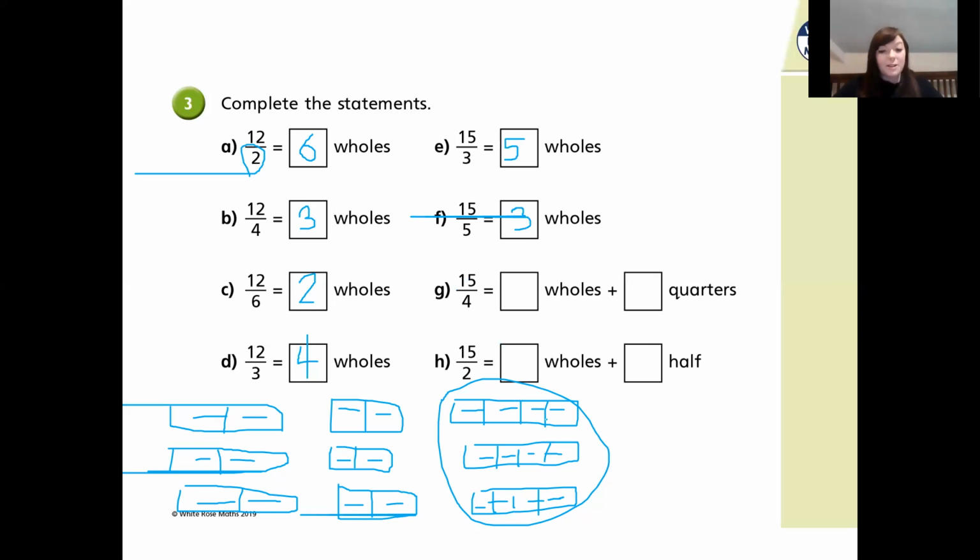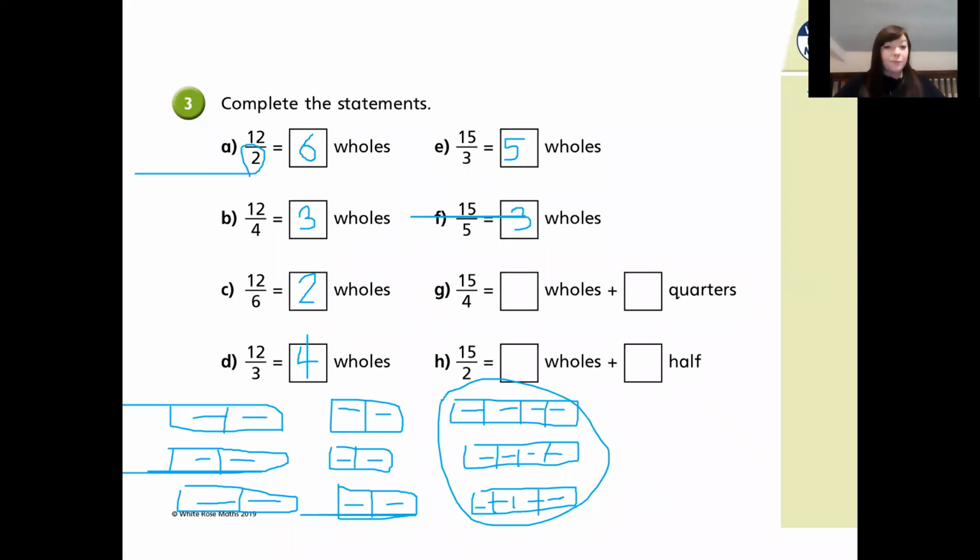Now for G and H, you can draw them out, or you can try and find the nearest number when you get to 15 divided by 4. So I would do, how many wholes of quarters can you make before you get to 15?